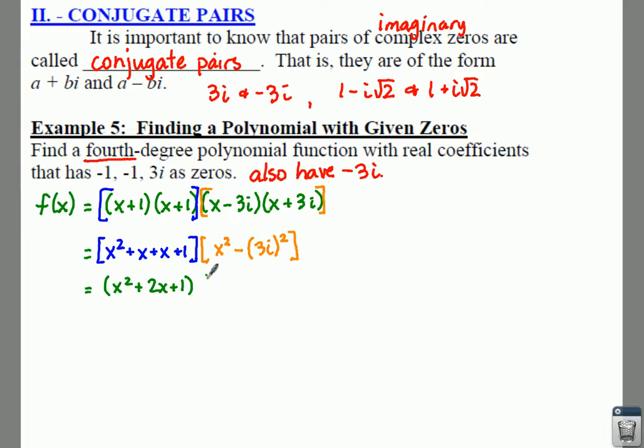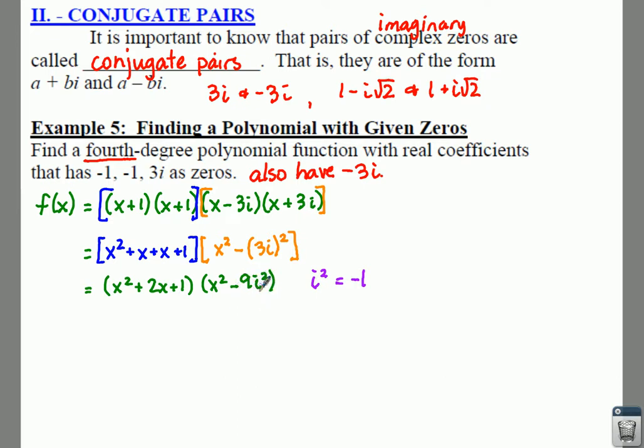And then your second set of parentheses, you're going to have an x squared minus, now 3i squared is a 9i squared. And you have to remember that whenever you have an i squared, it is equal to -1. So what really happens if you put a -1 in for i squared, that's a -9 times a -1.